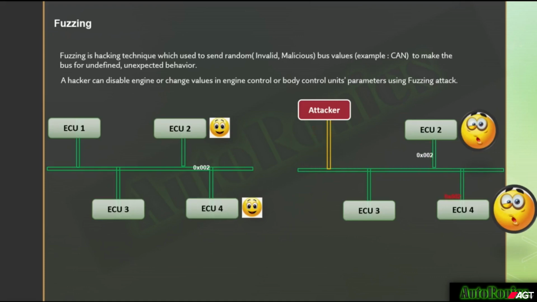But the EPS ECU will be confused, meaning both will have the same arbitration ID, but one message says that the engine is running, the RPM is 700, but the other message says that the engine RPM is 0. It will be completely confused. In turn, it will not activate the power steering. The steering will be hard. You can better try that if you have some possibilities to access a vehicle.